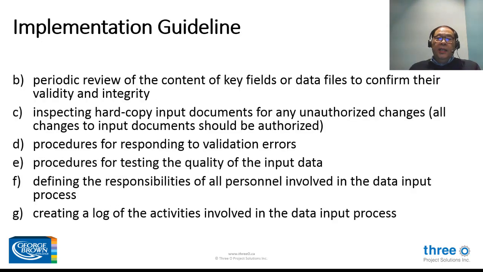Review of the content, key value, insert hard copies. Sometimes you can allow the user to attach a document, and you want to make sure the security requirement is that only non-executable files are being attached. You know what an executable is, right? A file that can run can contain a virus, like exe, right?